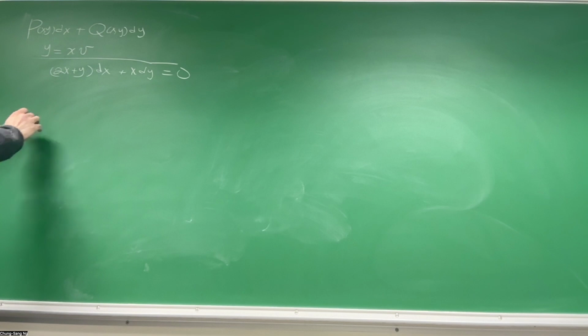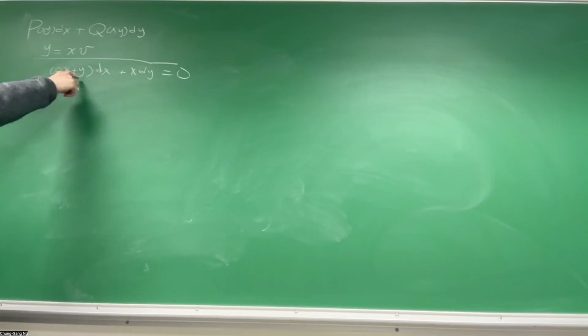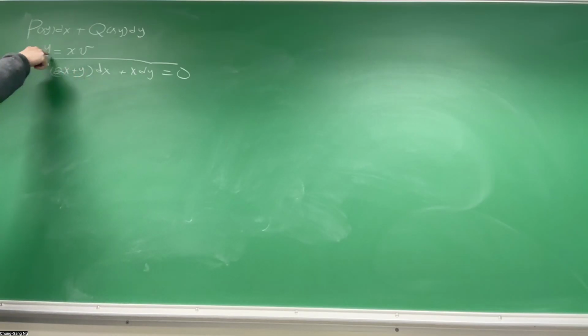Okay, so what you do is, originally it's a function of x and y, but with this transformation, you want to transform it to a function of x and v, right?